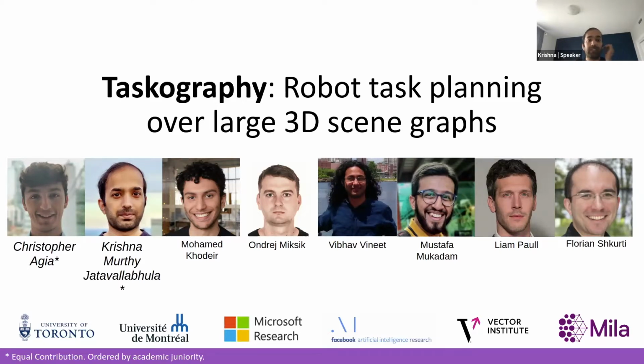There's Mohamed Khodeir, who was again an undergrad at the time at U of T. And we had Ondrej and Vibhav from Microsoft Research, Mustafa from Facebook AI Research at the time, and then Liam and Florian are the two advisors. Liam's my advisor, Florian's Chris's advisor. So yeah, this was almost a 1-year effort. So let me just dive right in.